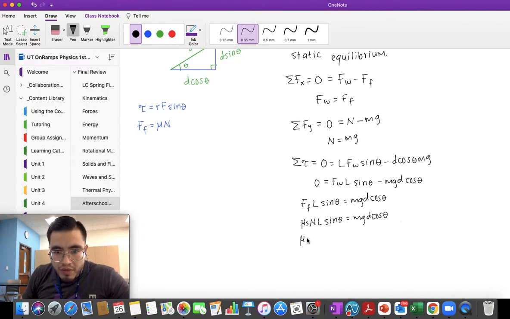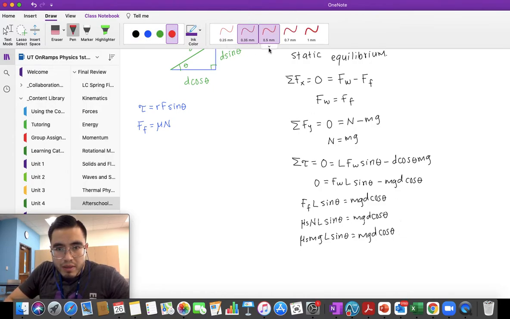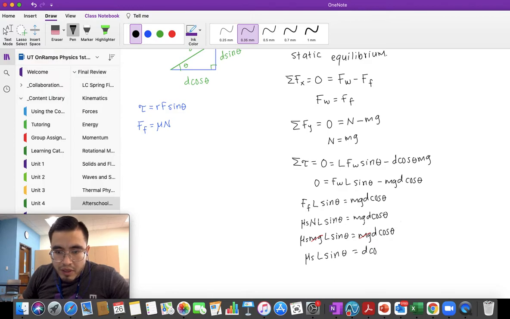So we'll have coefficient of static friction times mg times the length times sine of theta equals mass times acceleration due to gravity times distance times cosine of theta. And we can cancel the weight on both sides. And we have coefficient of static friction times the length times the sine of theta equals distance times the cosine of theta. We're trying to find the distance.